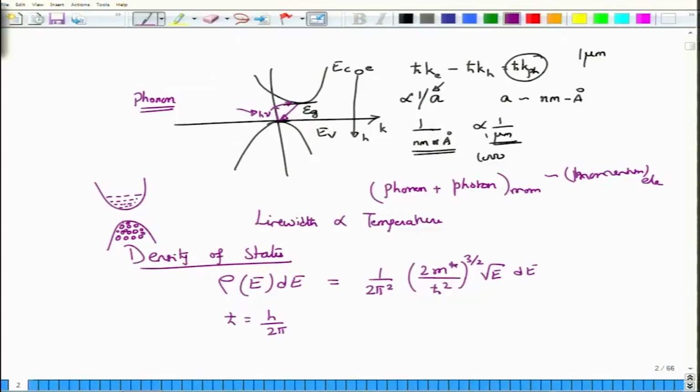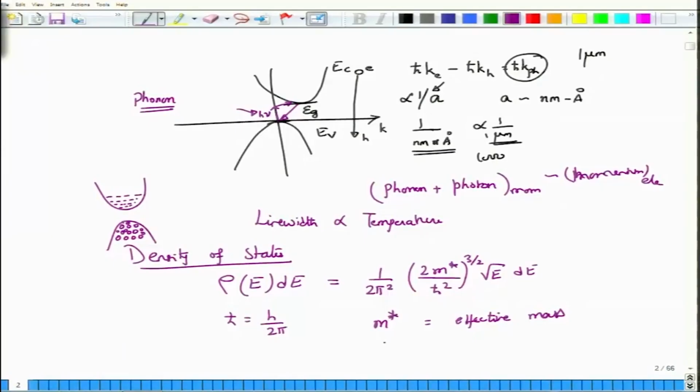Of course, you might ask where is the semiconductor in this equation. The semiconductor part of the input comes because of this m star. This m star is called the effective mass of the carrier.